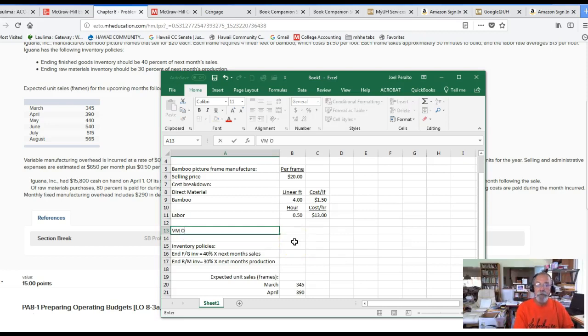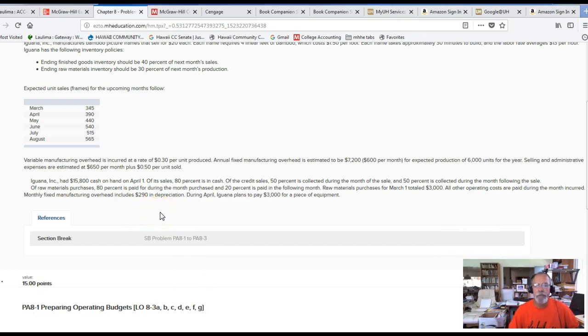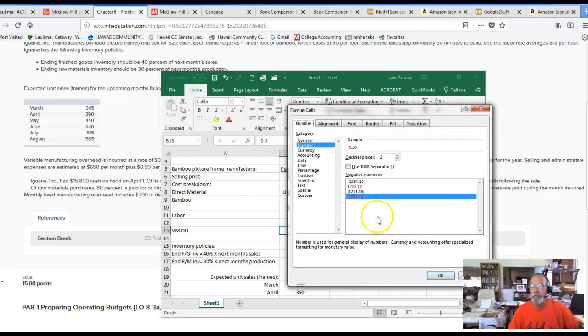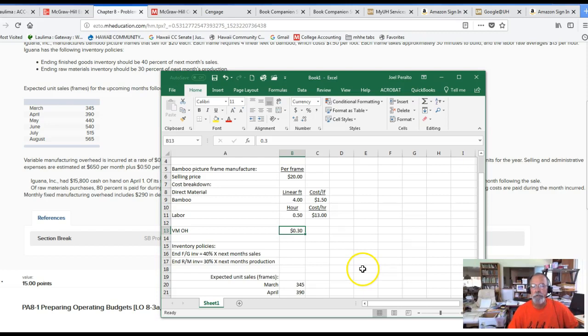Variable manufacturing overhead is 30 cents per unit produced. So 0.3, this is 30 cents.